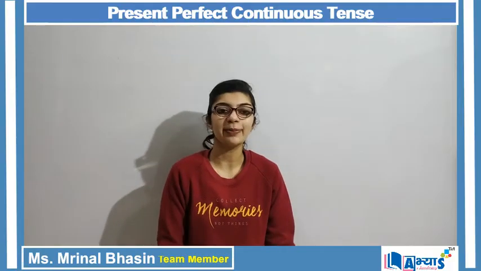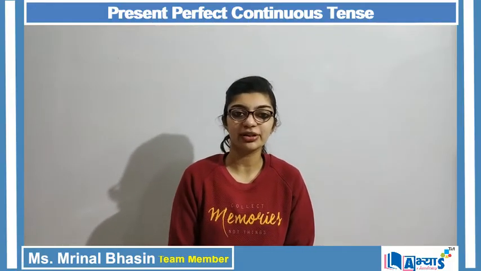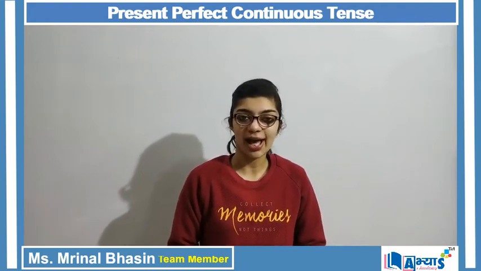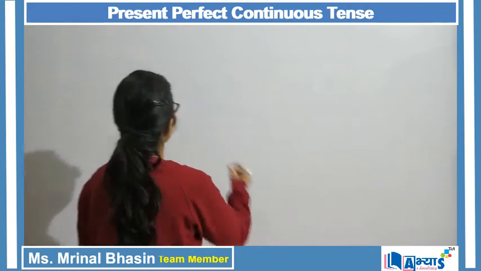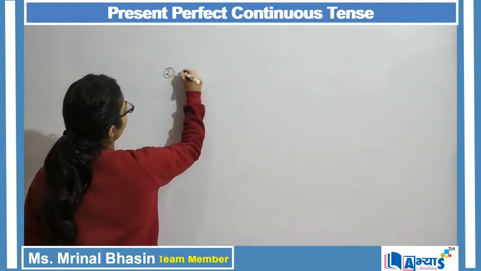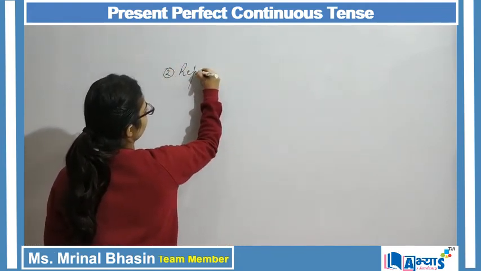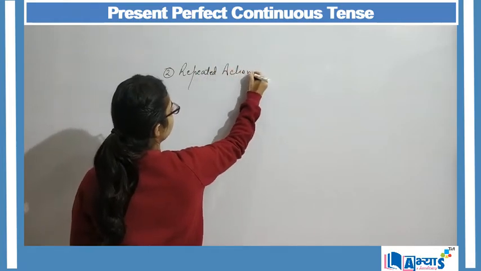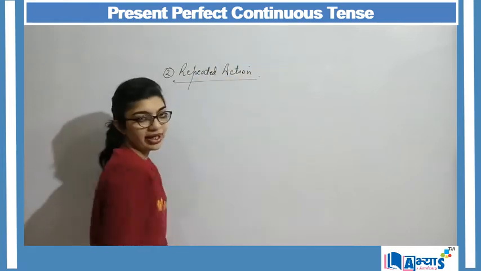Now the second application of present perfect continuous tense is to represent a continuous habit, right? Second is repeated action. Repeated action or a continuous habit, right?